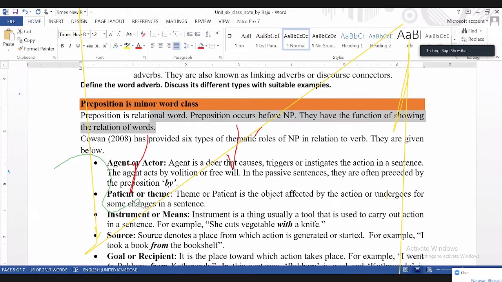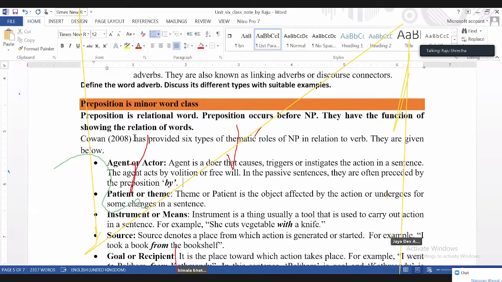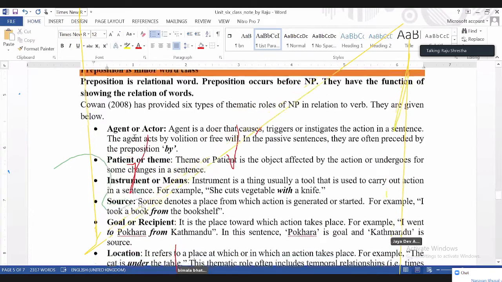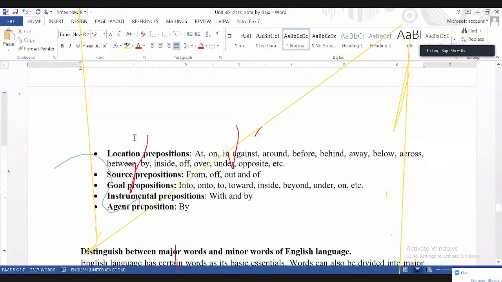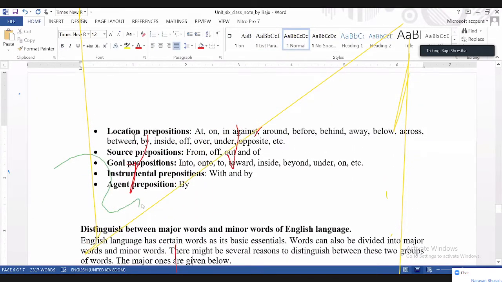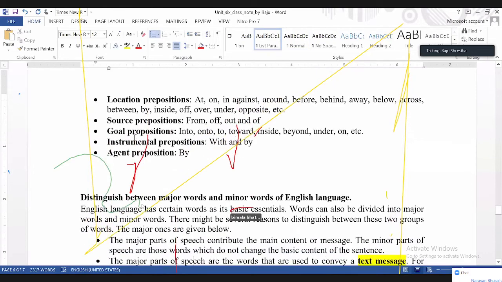Let us look at it this way. And there are some more categories we discuss, or you read also. Like locative prepositions, source prepositions, goal prepositions, instrumental prepositions, agent prepositions. There are different types of preposition. Let us look at the types here. Agent preposition means by Raju, by Syam, by Harigita, which we use in the passive.